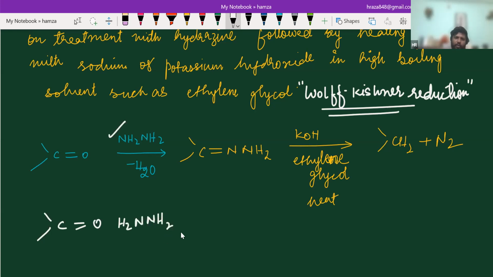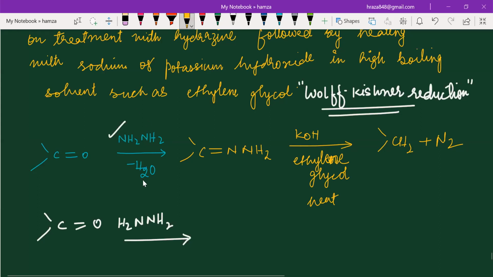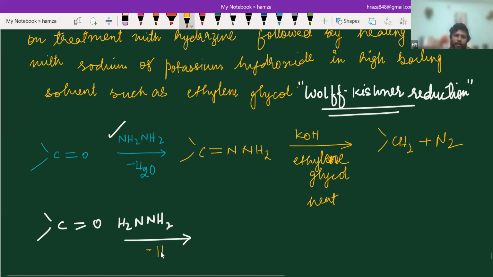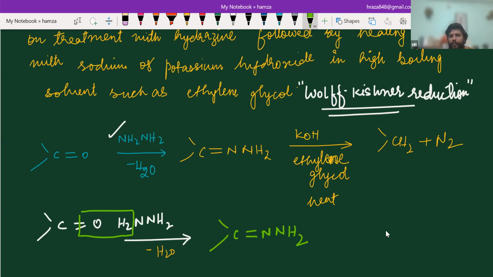Can I write this? Yes or no? Yes, sir. In the first step you remove water, that means you remove the oxygen and form a double bond from carbon to nitrogen. So it will form like this. Yes or no? After adding KOH and ethylene glycol solvent, one bond will be hydrogen, hydrogen, another bond will be hydrogen, hydrogen, so it will form CH2. And this is your Wolff-Kishner reduction.